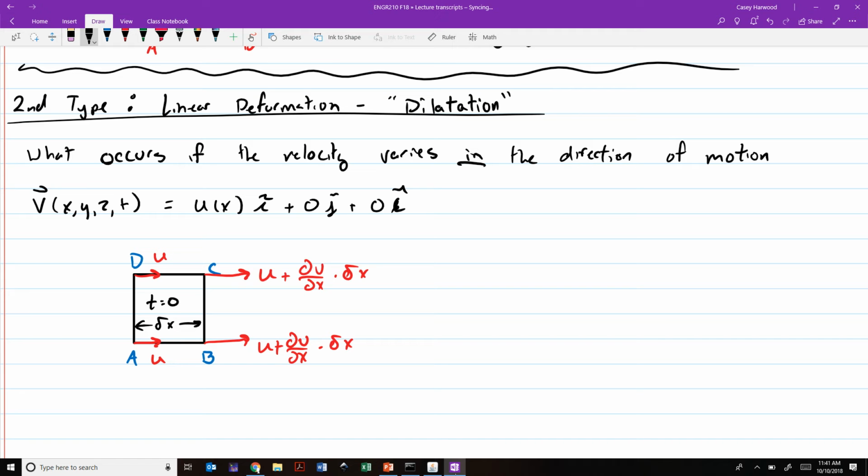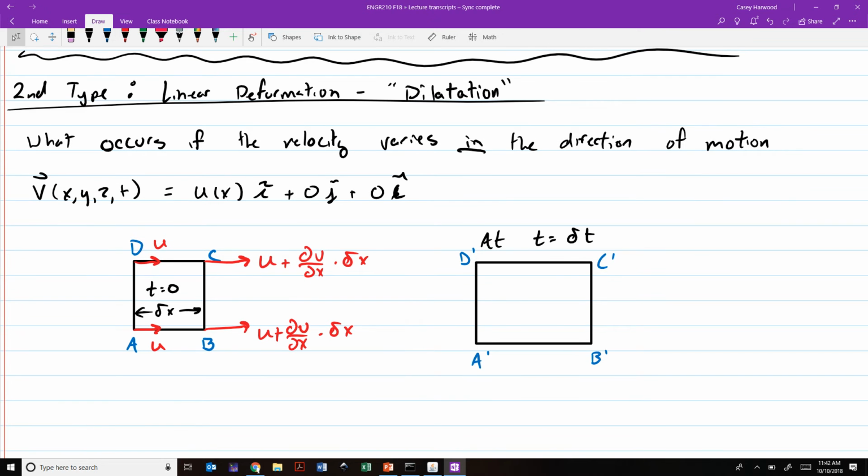So at some instant in time, at t equals delta t, a little later, our initial square should have deformed. It will have elongated, because that right side and its faster motion has outstripped the left side and caused it to stretch.